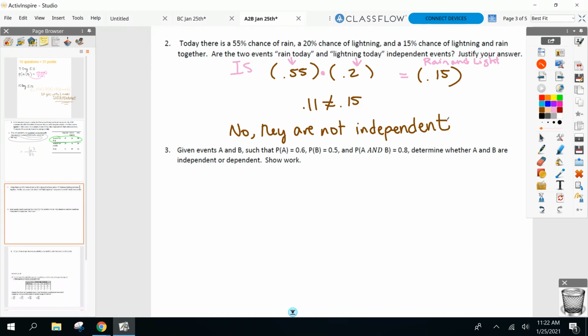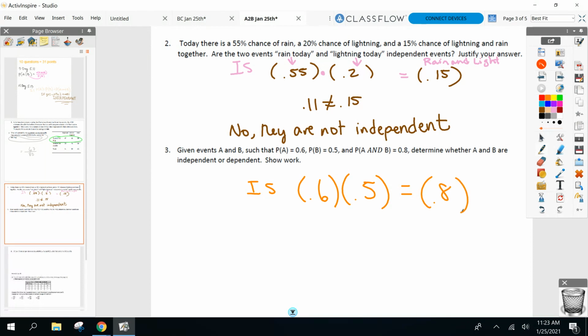All right, very similar. Number 3 now. I give you A and B. Are A and B independent or dependent, based on those numbers? All right, same test, guys. Is 0.6 times 0.5 equal to, both of them together, 0.8?